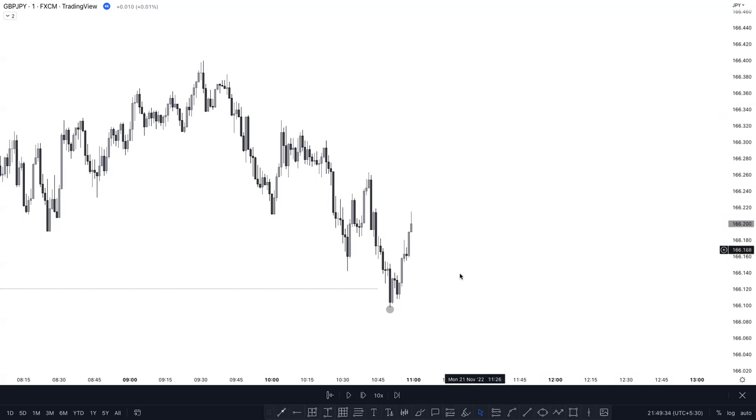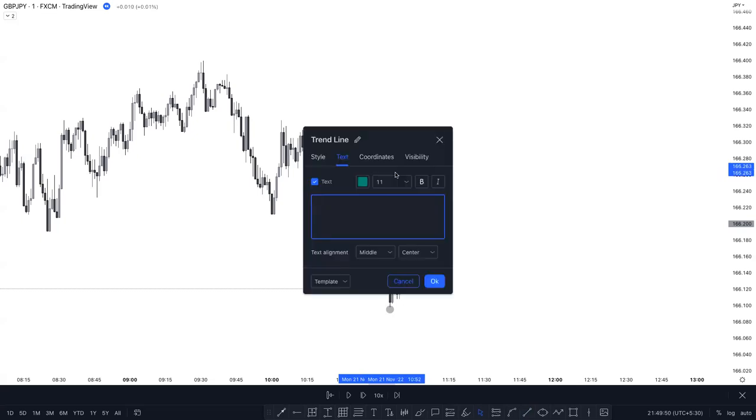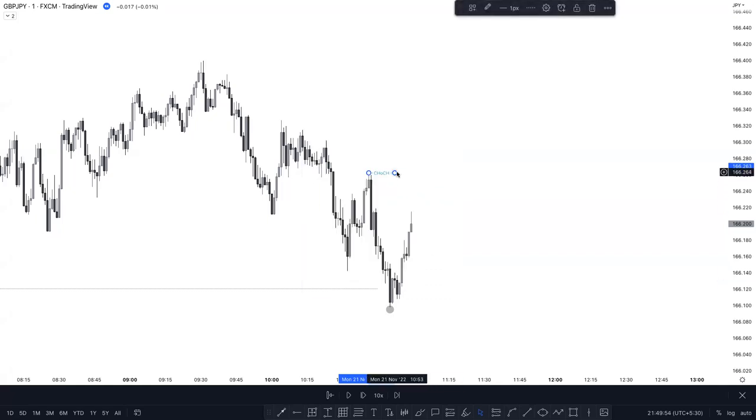Okay, so in this slide, you can see this high acts like a change of character. Which one is here? Right, so this one is our change of character, and below it, you can see in the slide there is a pullback here.